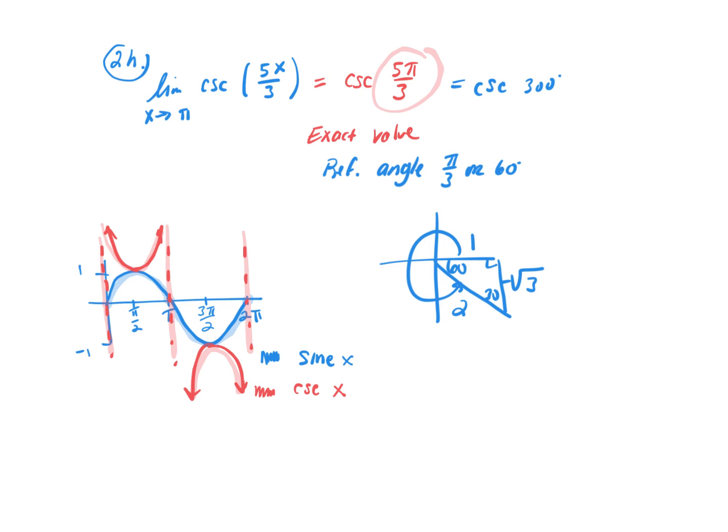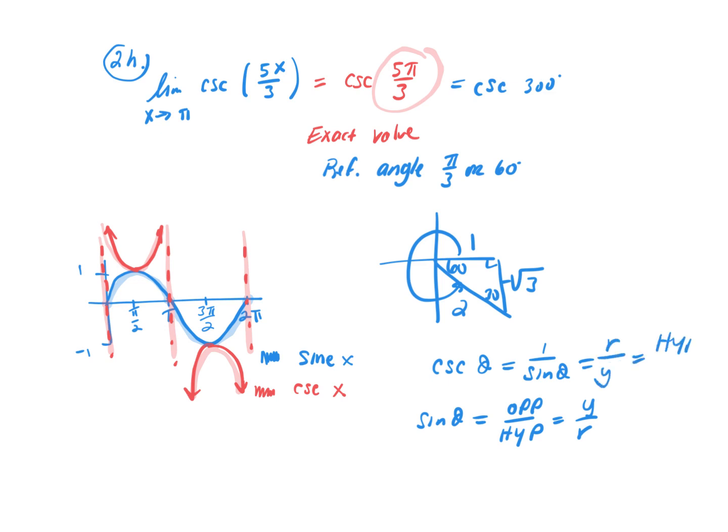And so since we're doing cosecant, cosecant of theta is equal to 1 over sine theta. And sine theta is equal to opposite over hypotenuse, or y over r. So we want to do r over y, or hypotenuse over opposite.